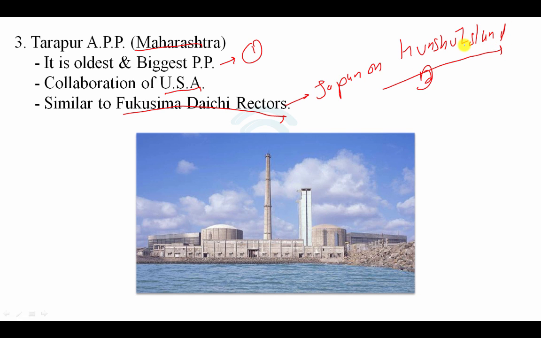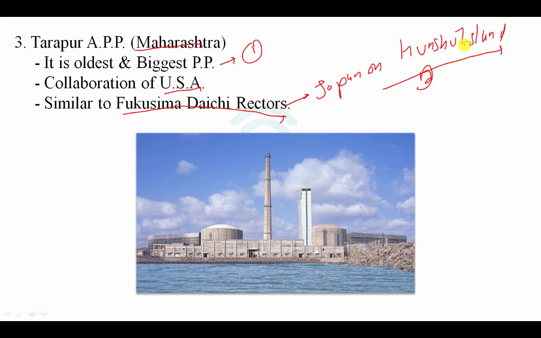There was a tragedy in Fukushima Daiichi reactor. Because of that there was a disaster, and this was the second disaster which happened because of nuclear energy or radiation.